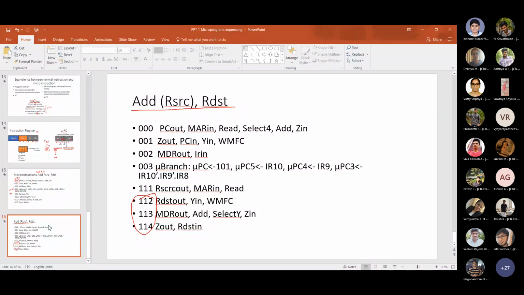The rest of the steps are similar to the normal register add operation. So please refer to the PDF. Please switch to the PDF. Check the PDF and rewrite the micro instructions based on those address locations.